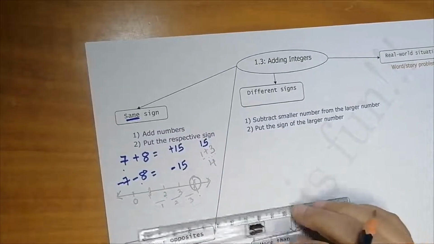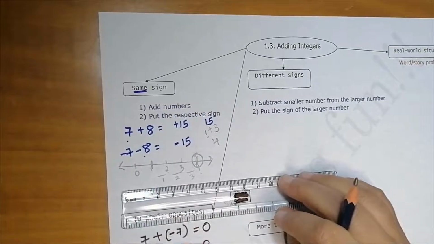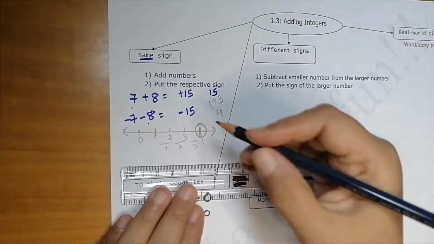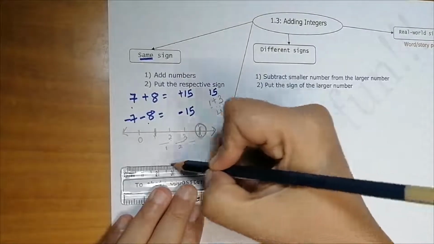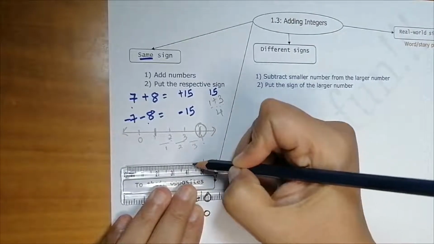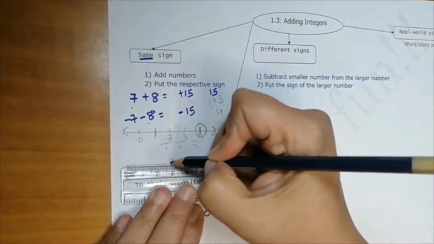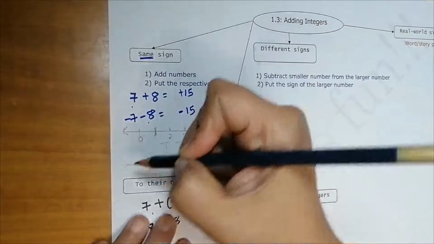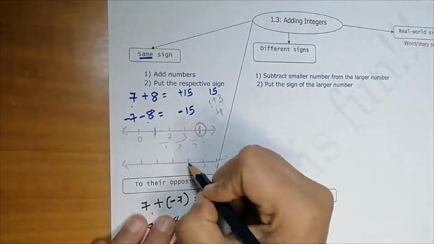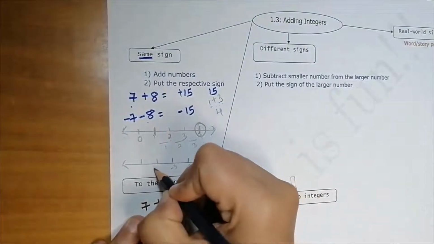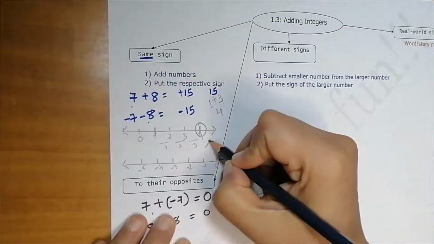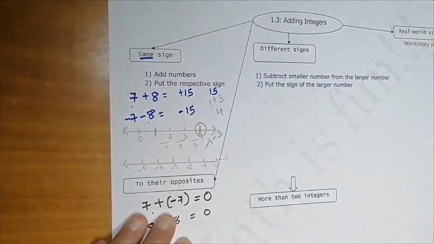So let's do it with the negative numbers now. Okay, so the same example we'll take, but with the negative numbers. So here it is. This is my 0, this is my -1, -2, -3, -4, -5, okay? Let's say it's -1 and -3 this time, right?